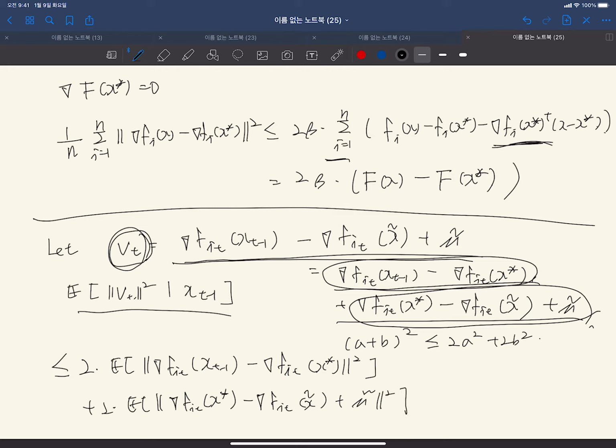Okay, so now it is sufficient to find an upper bound of this and this.